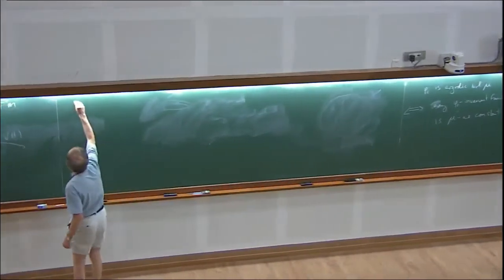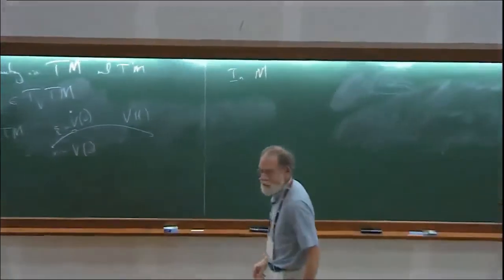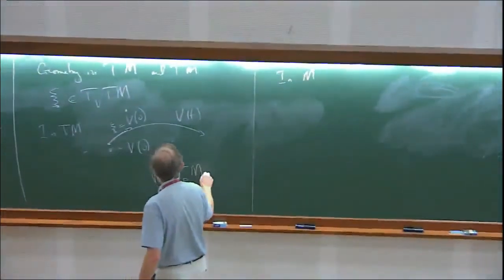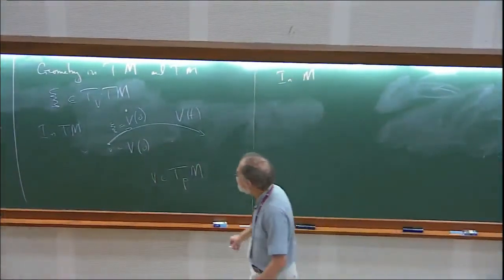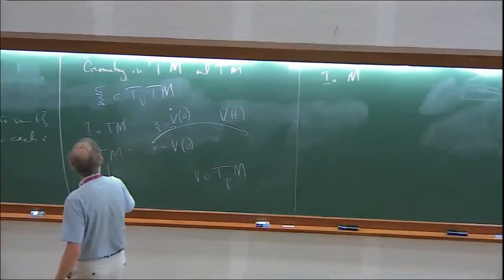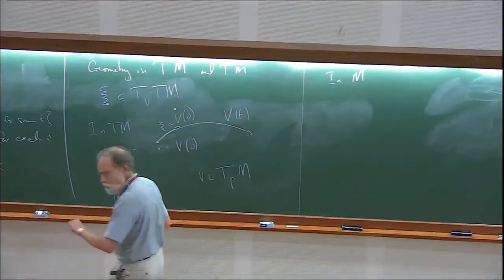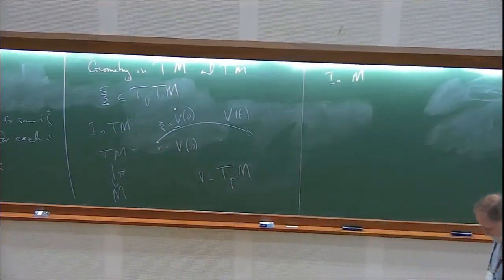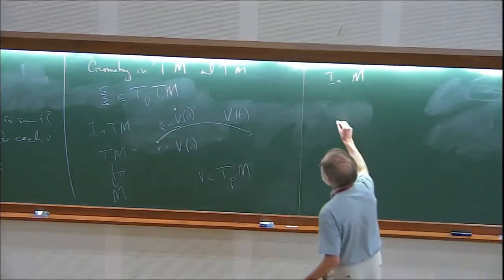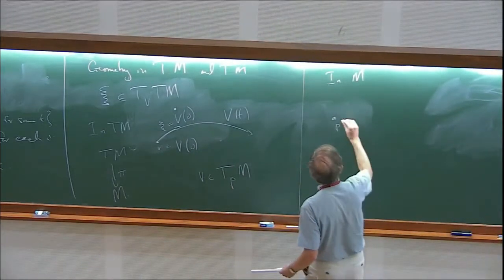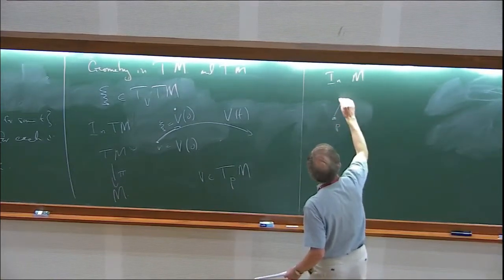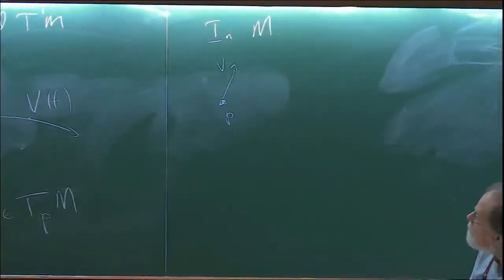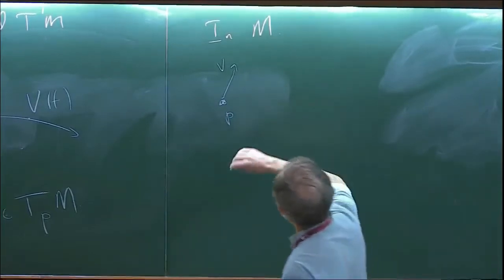So here's a picture in M of the same thing. V has to have a foot point, which I'll call P. Oh, and our tangent bundle has a projection, which I'll call pi. So hopefully I've identified the symbols that are going to come up. So now we have a point P. We have our vector V. Now it looks like a vector, because this is in M. And now we have our curve of vectors.